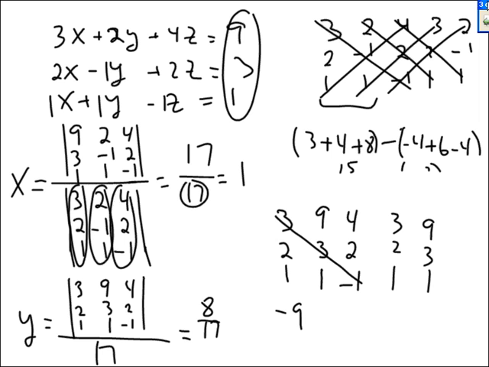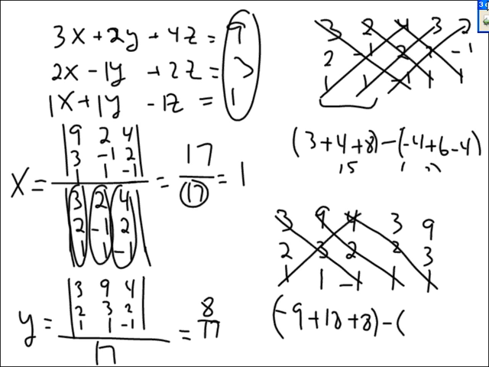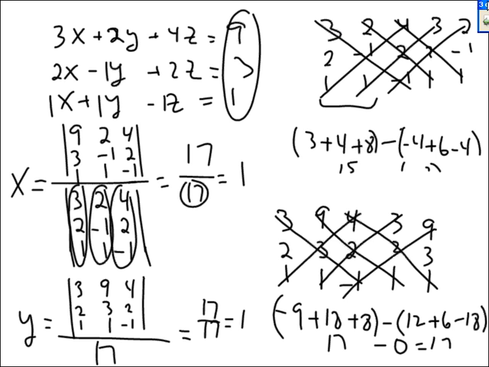I get negative 9. 9 times 2 is 18, plus 18, plus 8, minus 12, plus 6, 18. Oh, minus 18. So that's 0. And this is 17 minus 0, which is 17. Excuse me. And of course, 17 over 17 is 1.